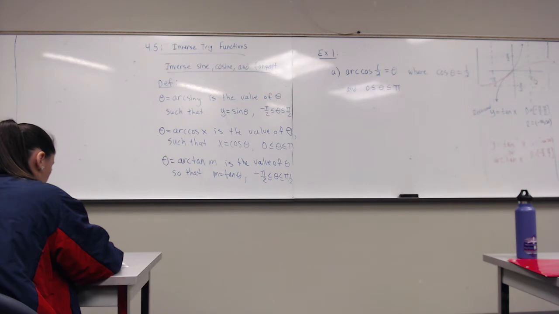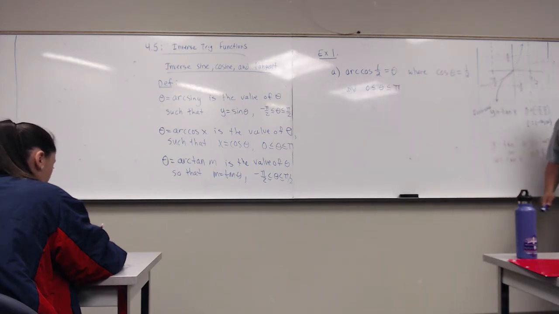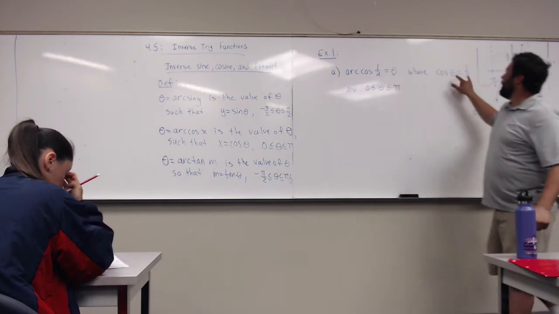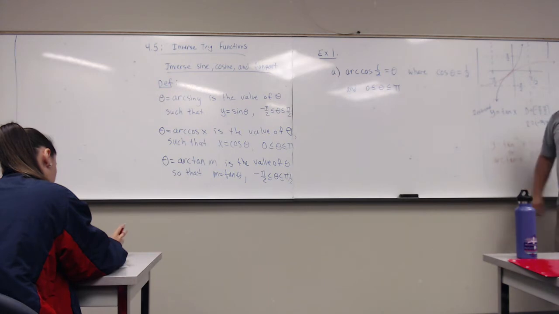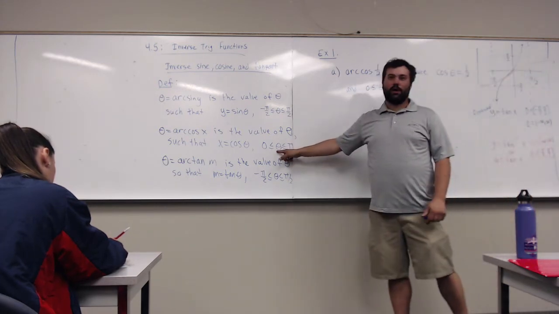So arc cosine of a real number is always some angle, and if you plug that angle into cosine, you get the input of the arc cosine function. All I've done is take my input and output and swap them going back to the original. That's what inverses do.